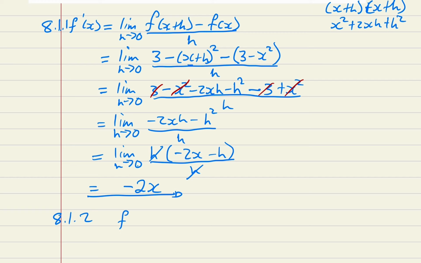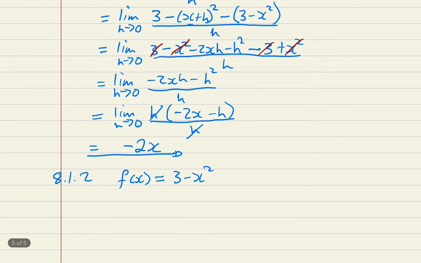I will have f of x is equal to 3 minus x squared. Hence, f prime of x is equal to 0 minus 2x. Hence this is negative 2x.